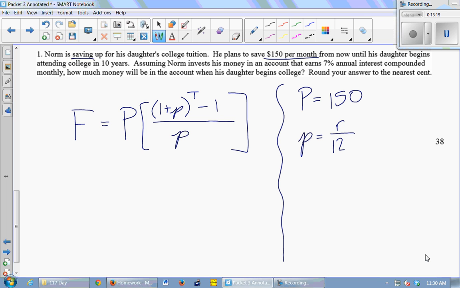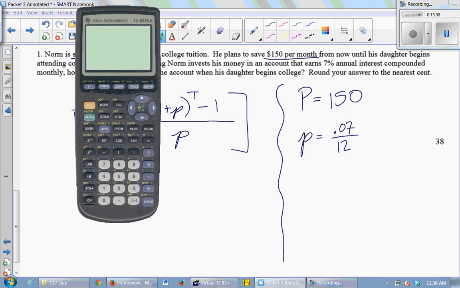My annual interest rate is 7%, so I'm going to put in 0.07. You always use interest rates as a decimal in these formulas. So 0.07 divided by 12 is .00583.